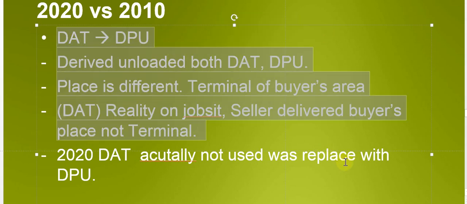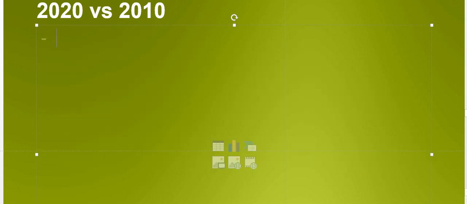They couldn't use their own vehicle to deliver the product to the destination, or to pick up the product from the place where the seller delivered to their factory.